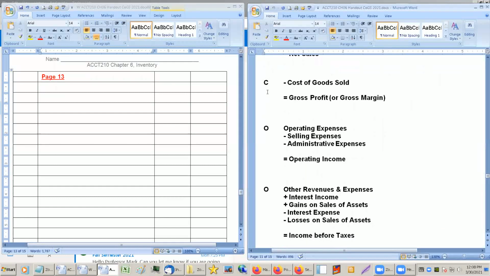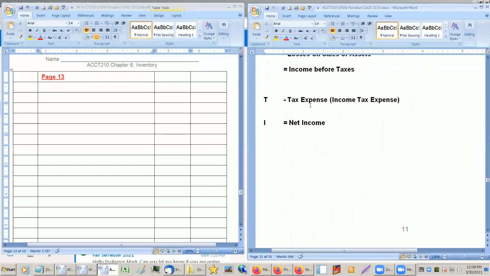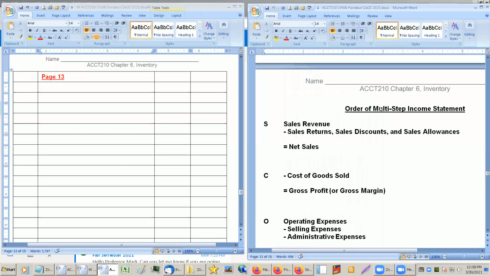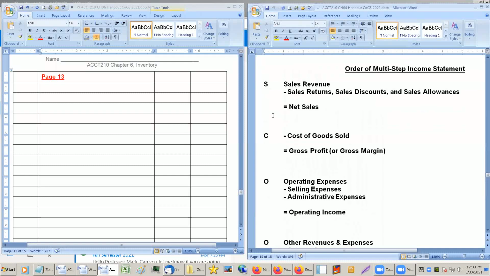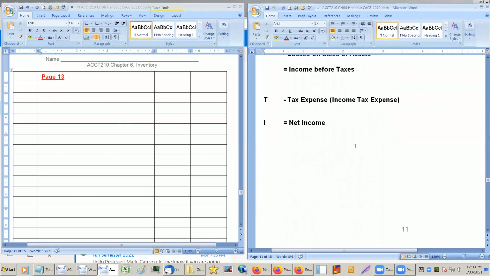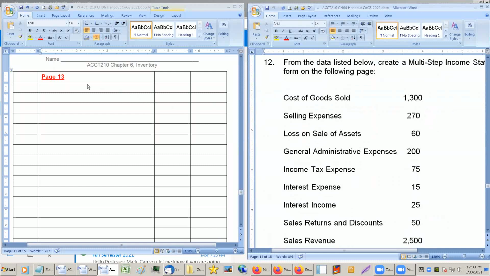So we have sales, cost of goods sold, operating, other, taxes. And we remember it by SCOOT. So that's what we're going to do here. We're going to do page 12. I put it on two different screens so that I can do it over on this side, taking the information from over here. So this will just be our SCOOT thing.